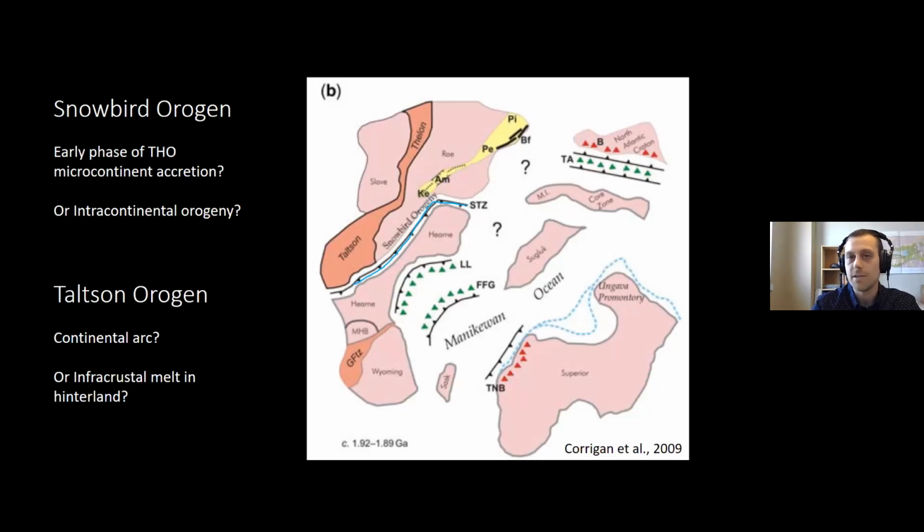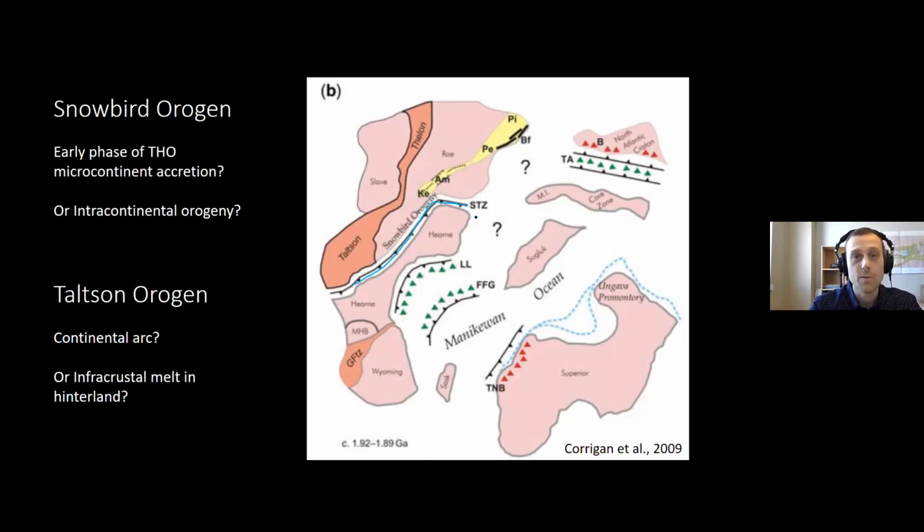And this would be considered an early phase of Trans-Hudson Orogenesis, so the early microcontinent accretionary phase during initial closure of the Manikewan Ocean. So in this model, the Hearne is akin to another crustal fragment like the Sugluk or Meta Incognita or Core Zone blocks that are accreting to the Western Churchill province.